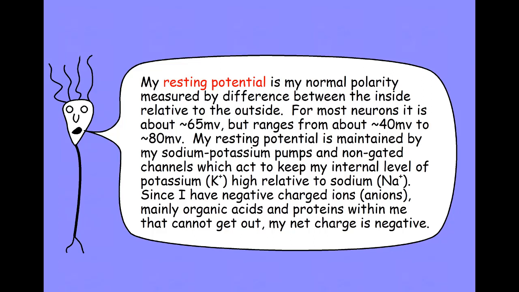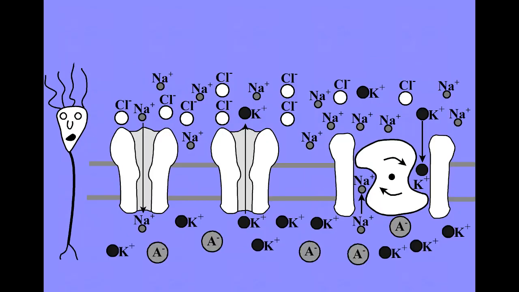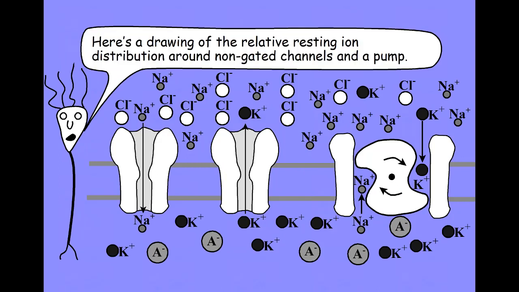Now, since neurons have in their inside negatively charged ions, anions, mainly organic acids and proteins, the net charge inside a neuron is negative. So here's a drawing of the relative resting ion distribution around non-gated channels and a sodium-potassium pump.